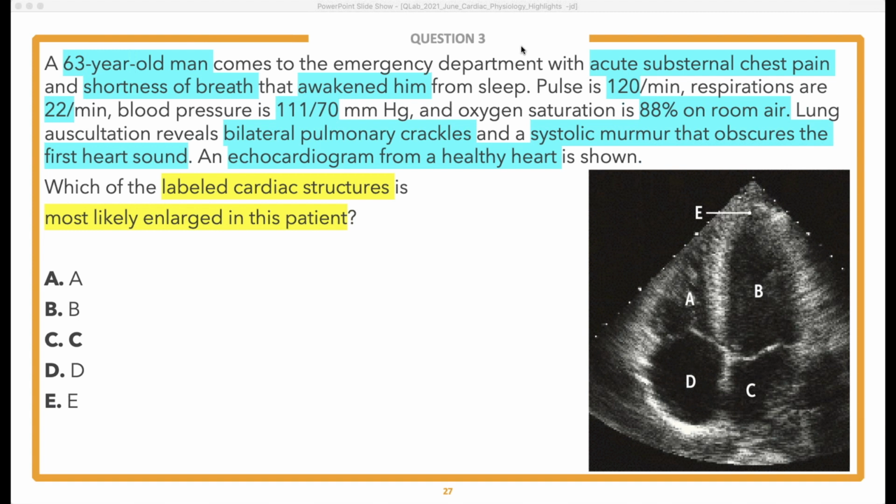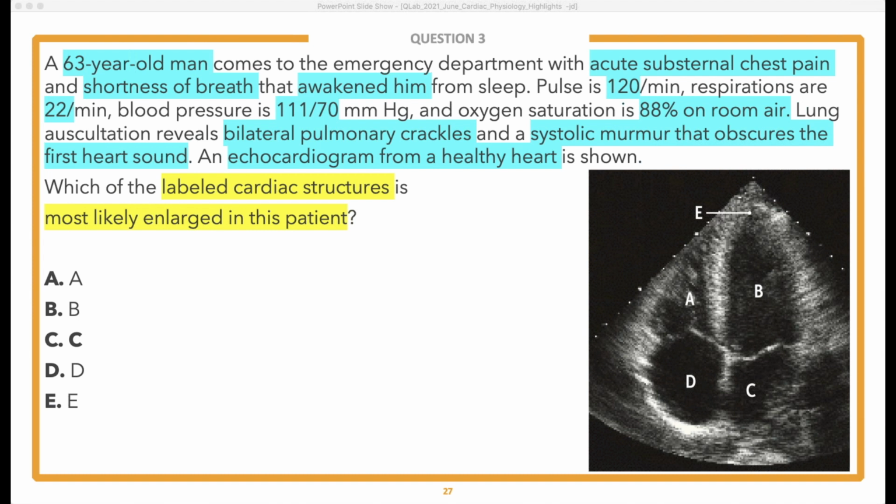So when they're asking what's most likely enlarged, I think it's probably the left atrium. And I forgot to mention this: another step is not just knowing the structure that is enlarged, but then being able to look at this echo and figure out which structure that is. So that's probably a third step that I forgot to mention.